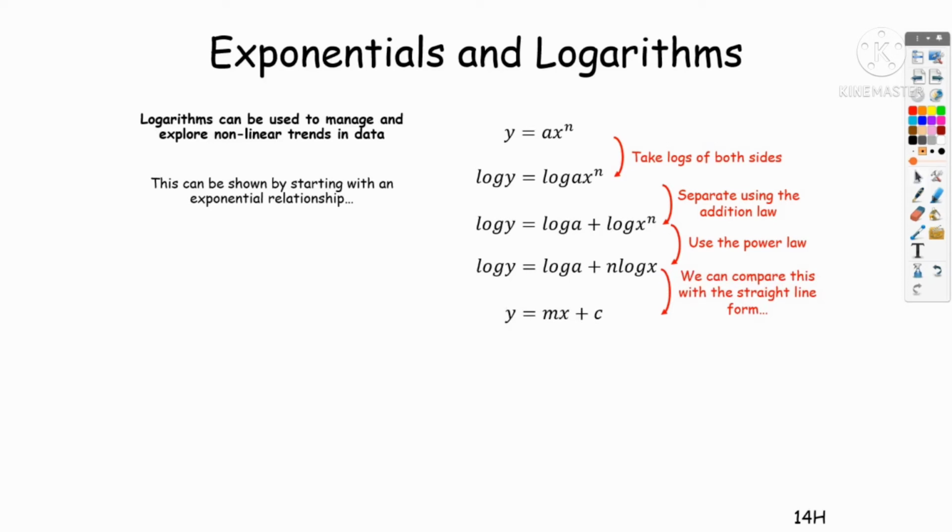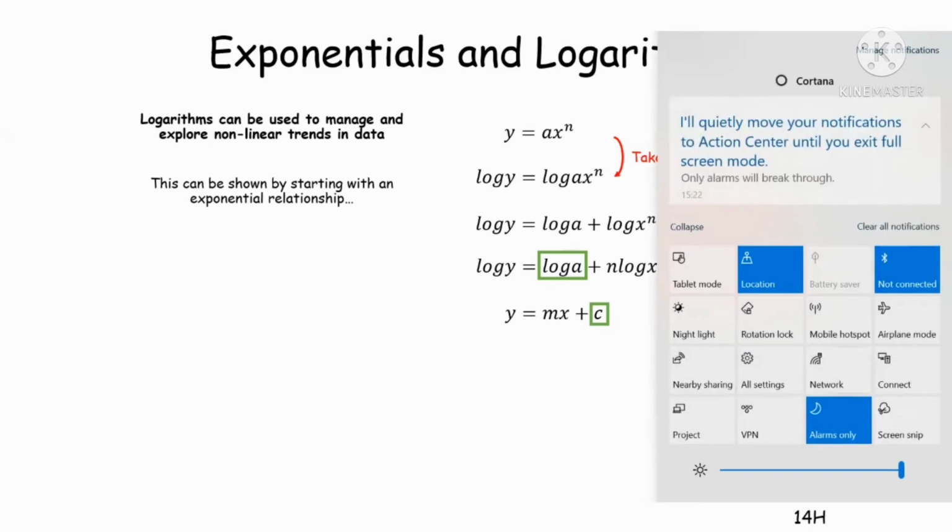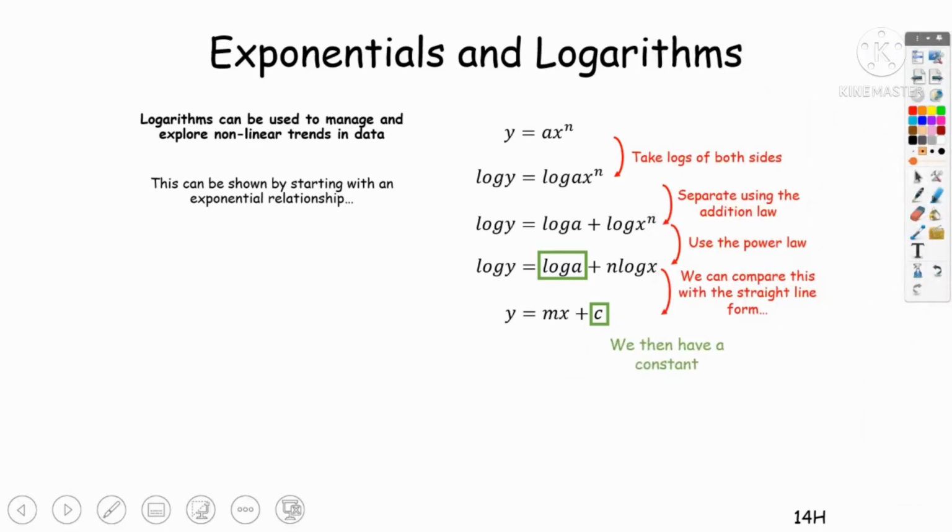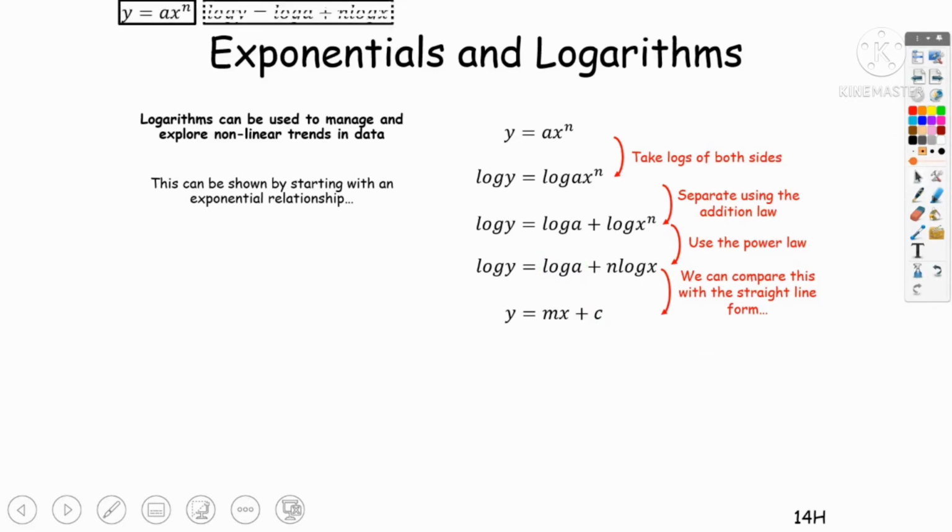Compare this with a straight line format, y equals mx plus c. You can see that log y is the y bit, as I've highlighted. The y term is the variable, and the mx is the n log x. We then have a constant multiplied by a variable, the n is the constant in this case, which is the m. And log a is the extra plus c, which is the constant.